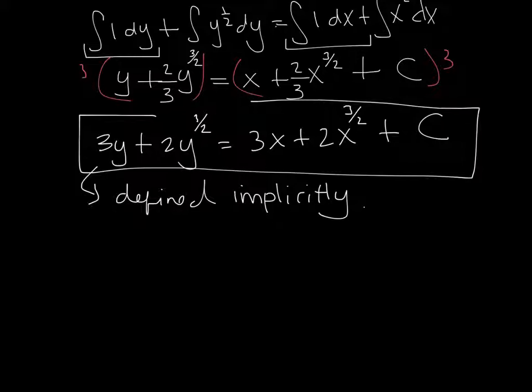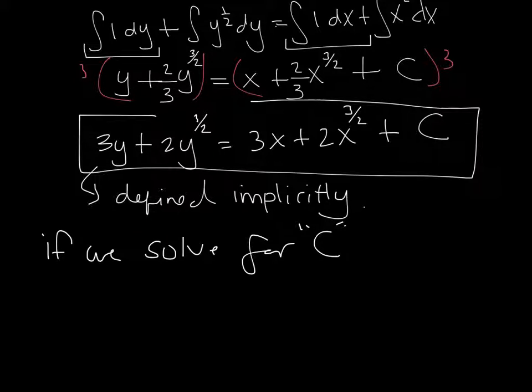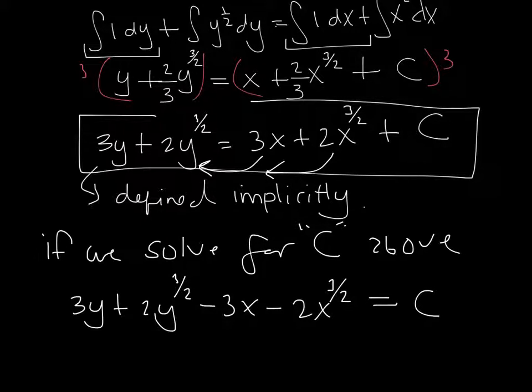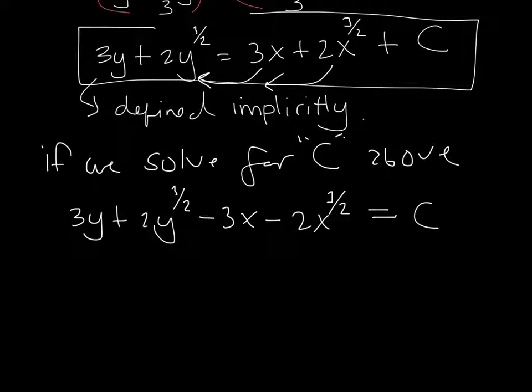If we solve for the constant C, I'm just subtracting 3x and 2x to the 3 halves from both sides. So I would have 3y plus 2y to the 3 halves minus 3x minus 2x to the 3 halves equals some constant. So it obviously means the same thing. I just solved for C.